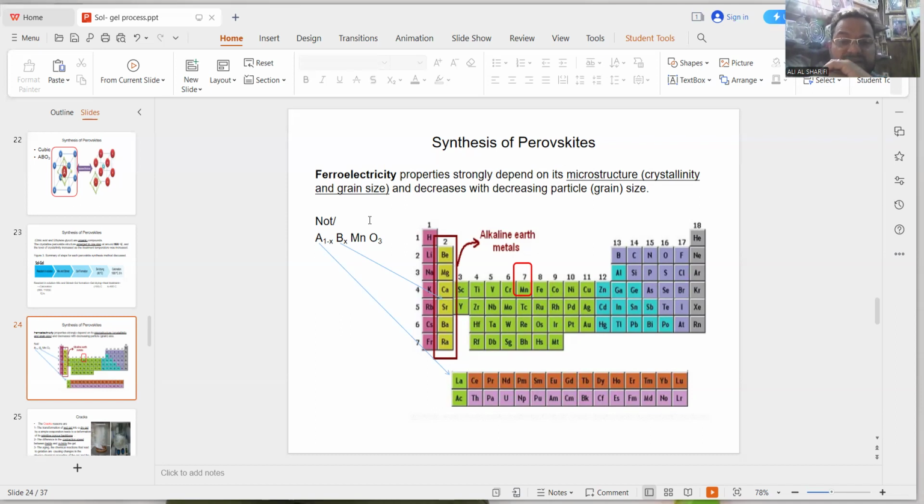What does that mean? By decreasing the crystallinity and grain size, the ferroelectricity will decrease. My goal was to increase the crystallinity and grain size to achieve good ferroelectricity properties.